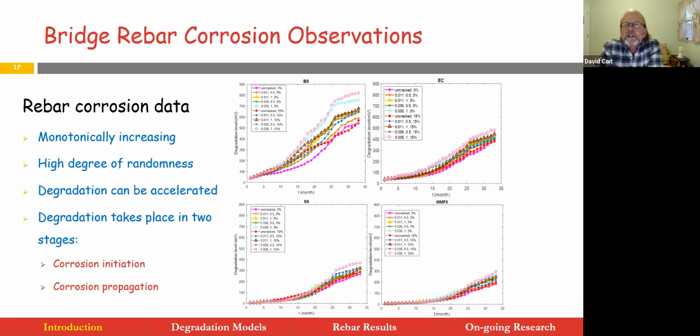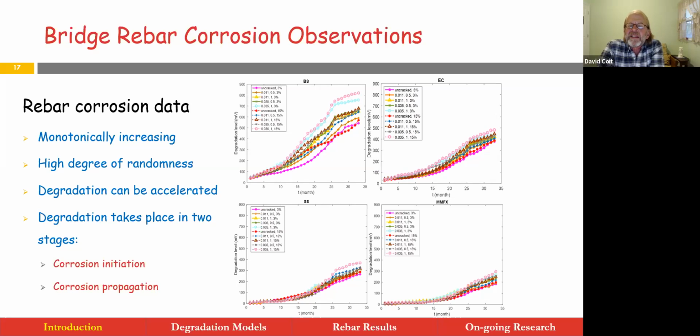Now, when you first look at these, you might disagree with me. They look fairly well behaved, but let me pick out and look at some interesting things. Look at the black steel, the 2 bottom lines, the purple and the red. It shows there are actually some periods of time where the 3% chloride has more corrosion than the 15%.